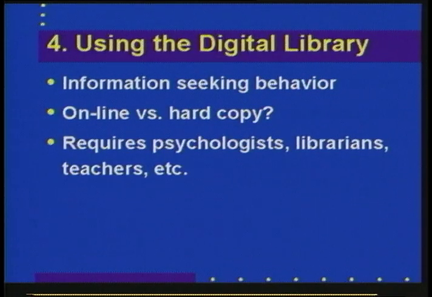There's a long tradition in the library science field of people working on information-seeking behavior. How do people use online information versus hard copy is still an open issue. And this requires psychologists, librarians, teachers, all kinds of interdisciplinary work that we need to pull together.